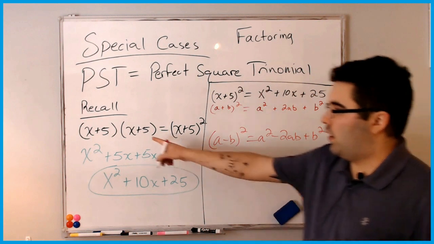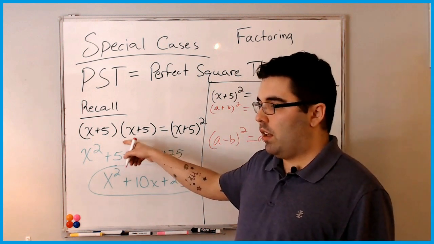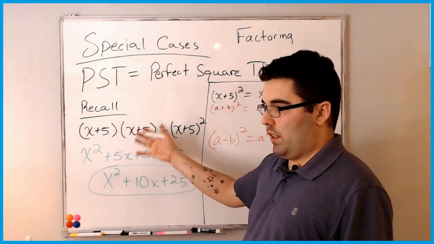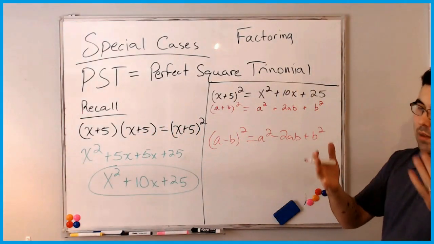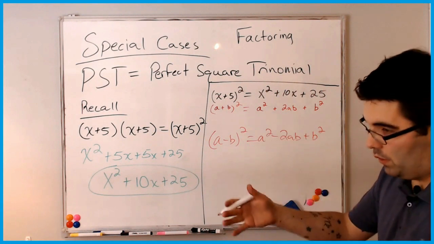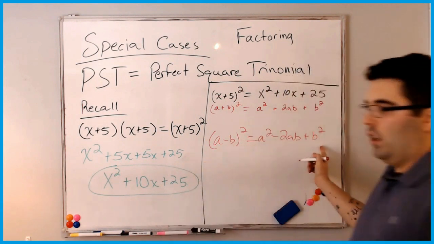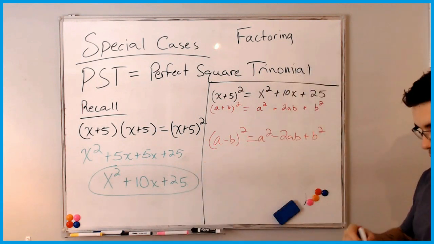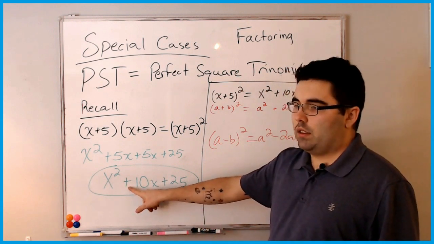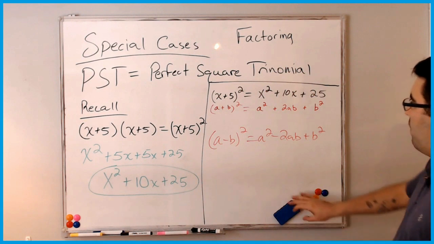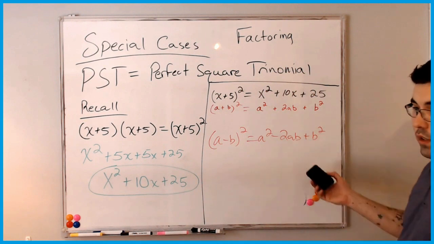So in other words, instead of this being x plus 5 times x plus 5, had it been x minus 5 times x minus 5, again, the same binomial times itself, it follows a predictable pattern. And the only thing that changes would have been here, this would have been a minus 10x.